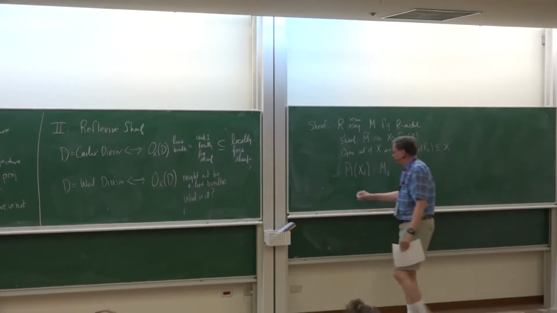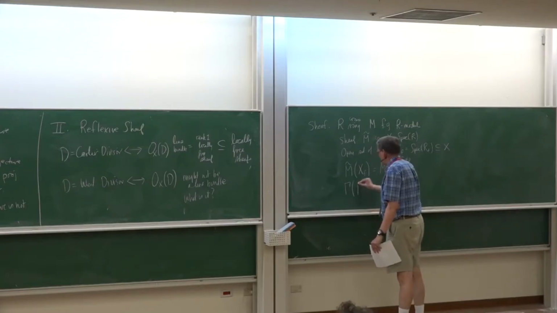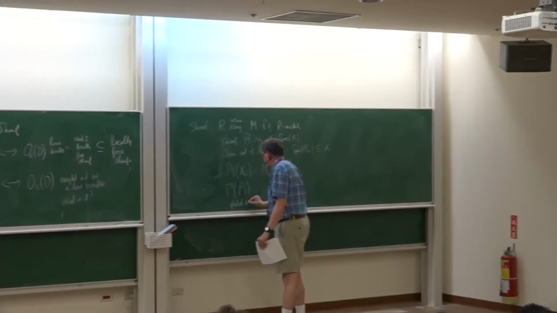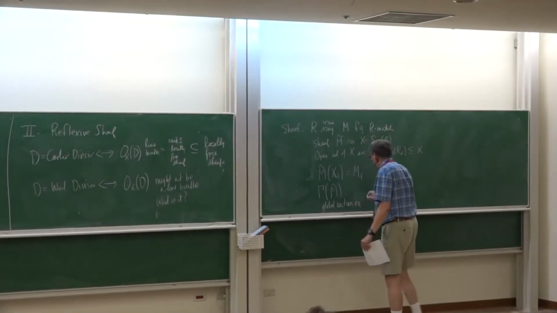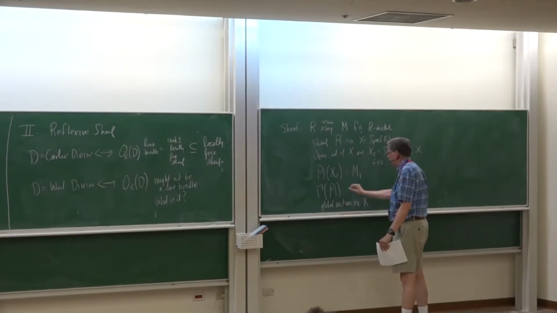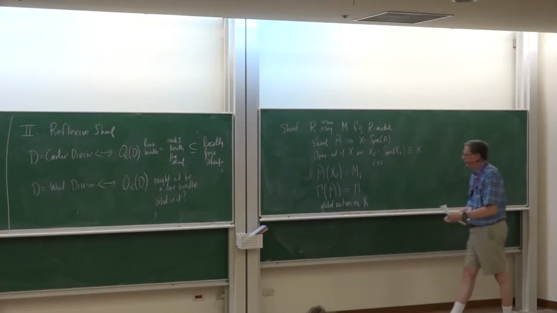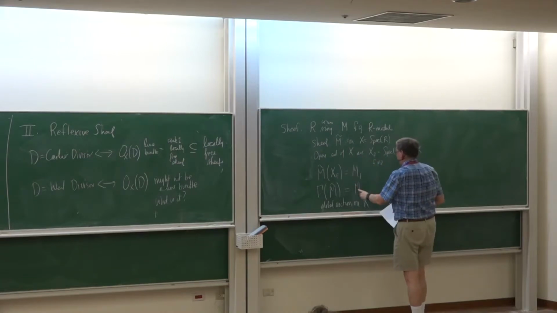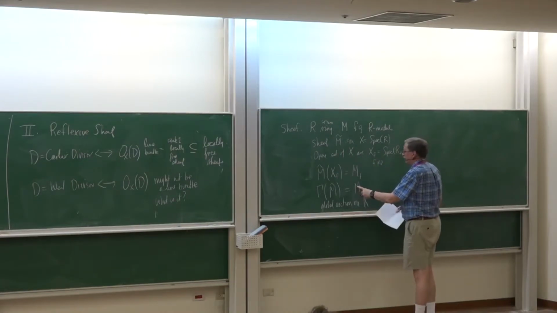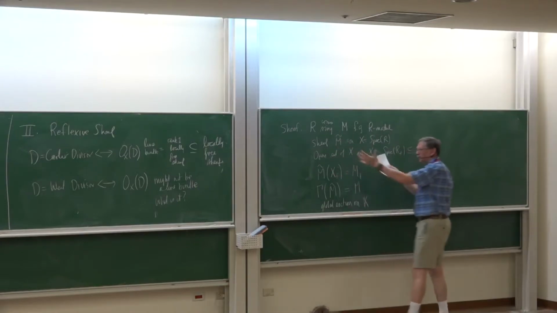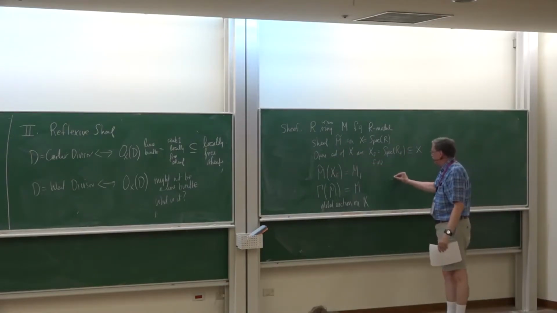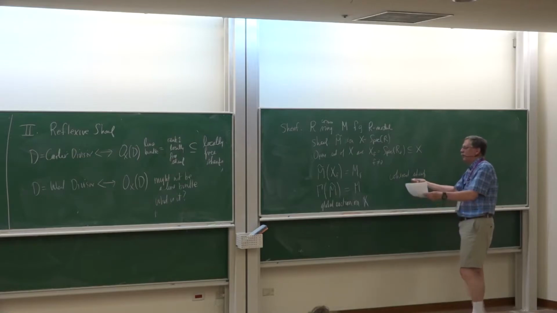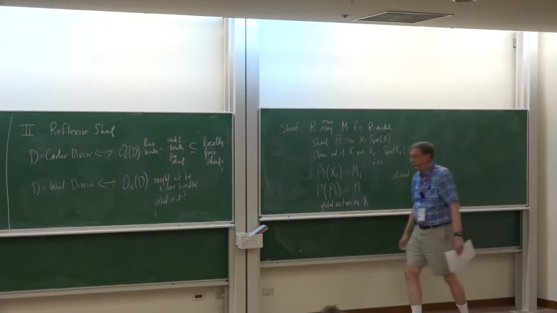And then the crucial thing is that when you look at the global sections on X, you just get back the M you started with. So basically you have a finitely generated R module, and you have a whole family of them, one on every open set. And this is what's called a coherent sheaf. So basically, locally it looks like a finitely generated R module.